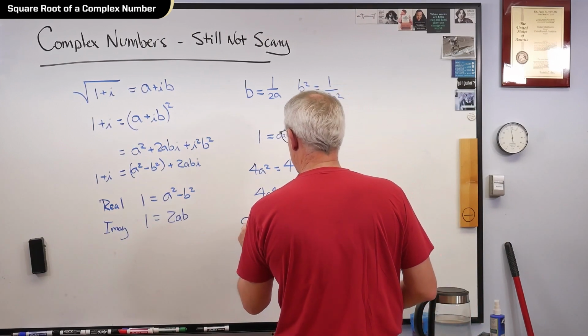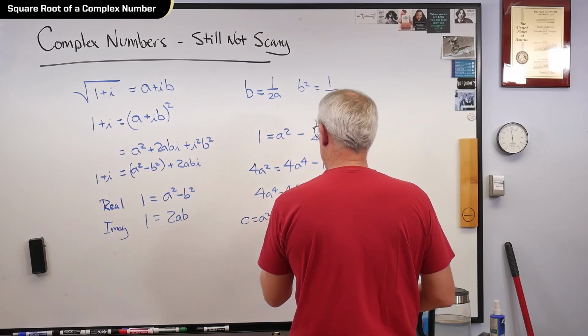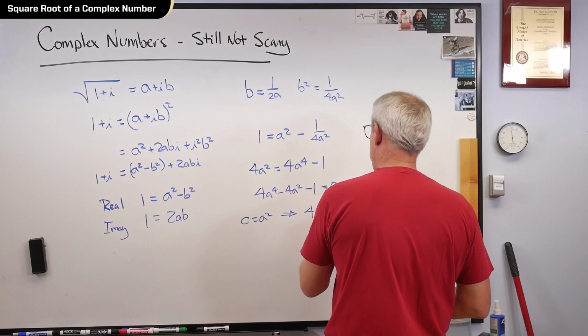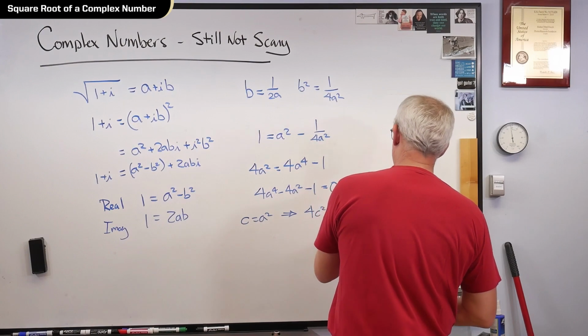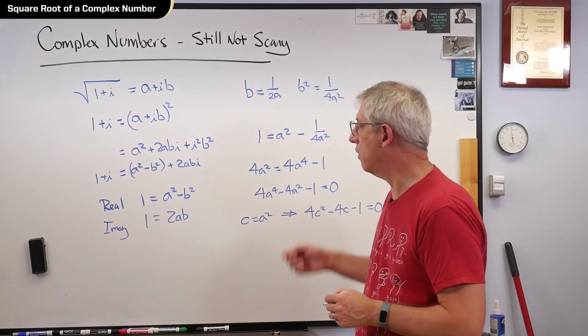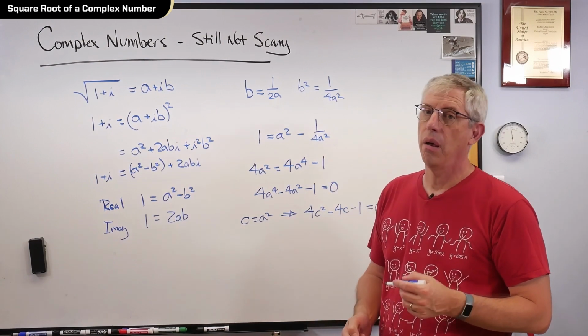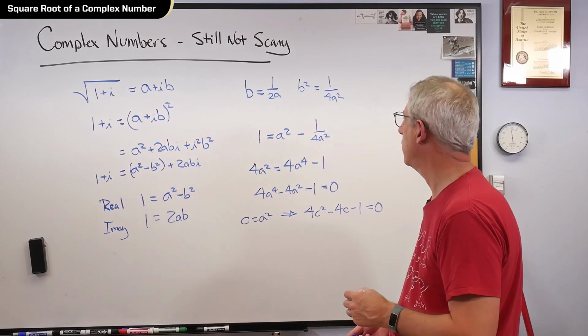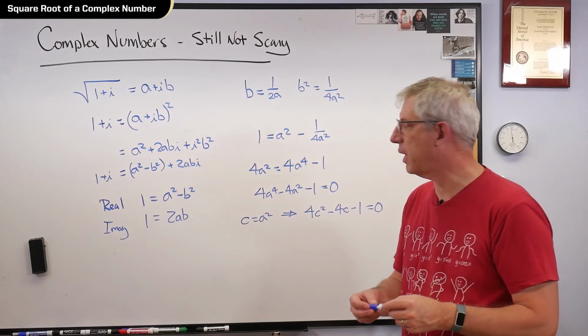Let's say c equals a squared. So this is now 4c squared minus 4c minus 1 equals 0. Okay, so you can back out a squared, and from there you can back out b. I don't need to watch me do all this by hand here.